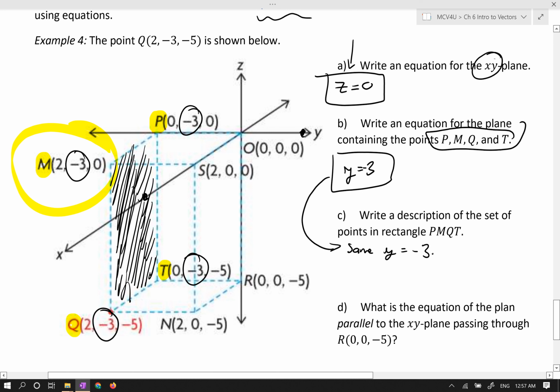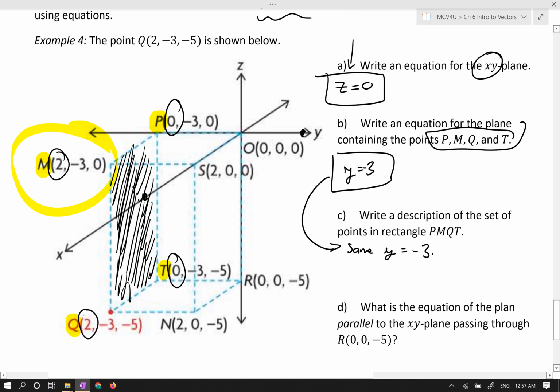Fantastic. Then we look at our x coordinates. Okay, well, my x coordinates that I see in here on my points, which are all on the edges of this rectangle, I'm working with 0 and 2. Those are my only options. Now, are those the only options for all of the points falling in this rectangle?